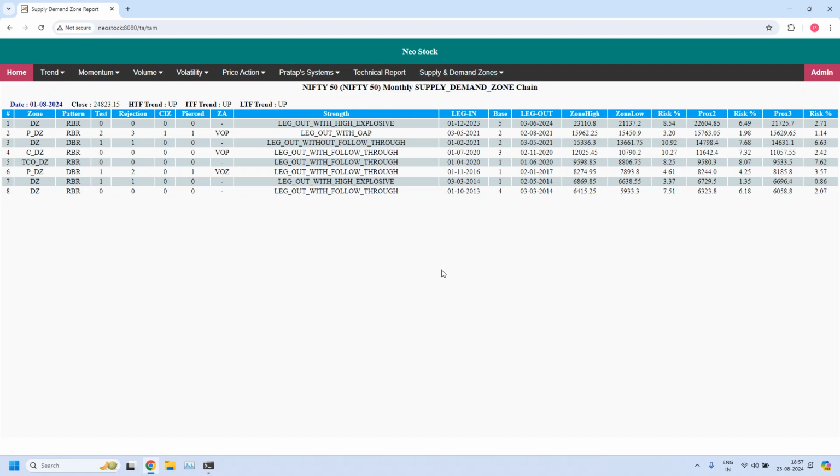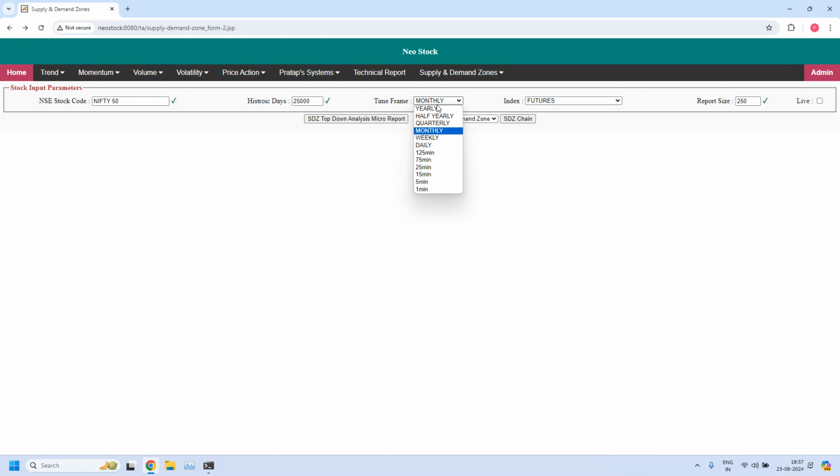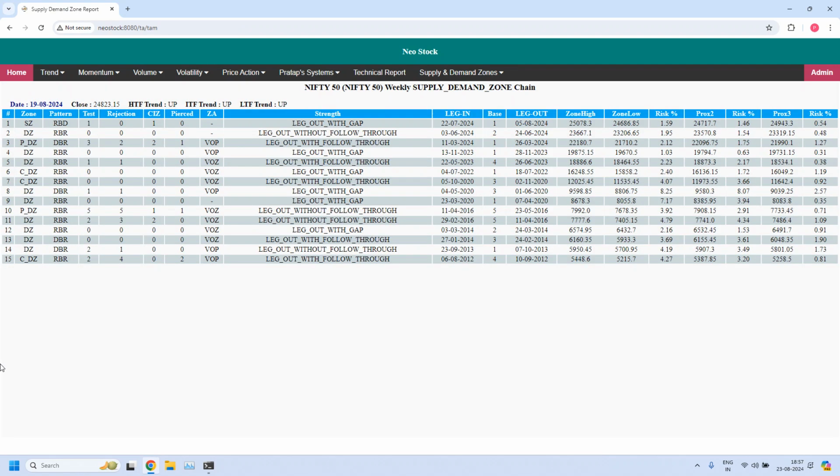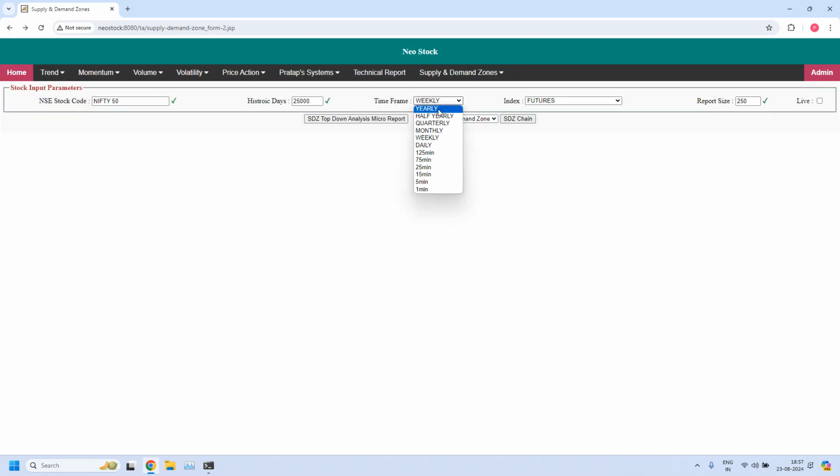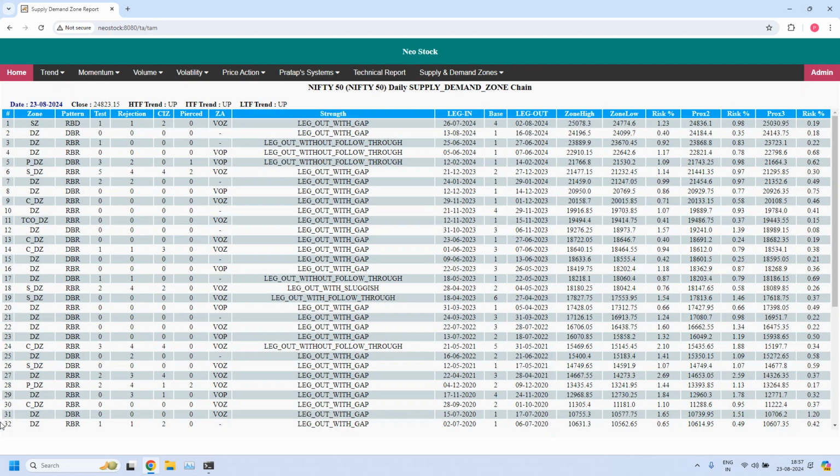Okay, the next report, we are changing the time frame to weekly. Now we are going to generate a weekly supply demand zone chain for NIFTY. So this is weekly supply demand zone chain. In the next report, changing the time frame to daily, and I am generating daily supply demand zone chain for NIFTY.